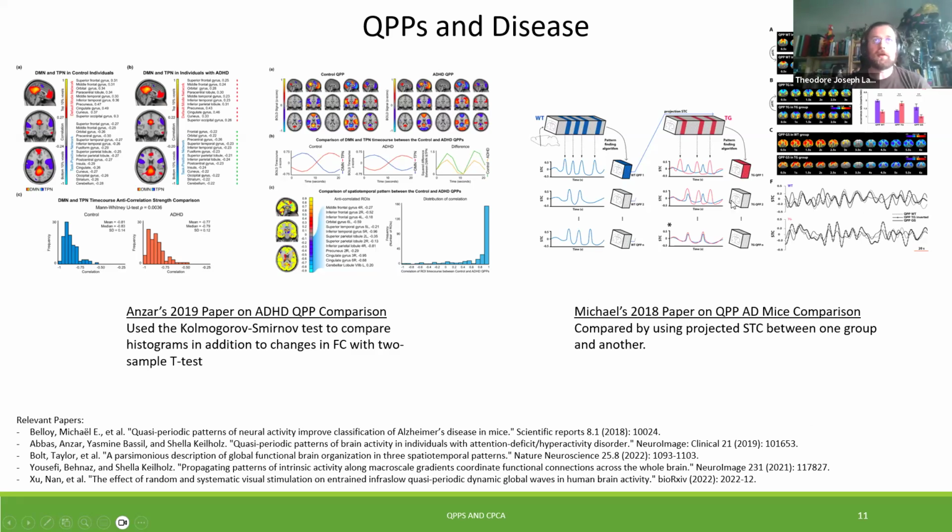Further, we have Michael Belloy in 2018 looking at diseased mice, specifically with Alzheimer's. And we're using the template from the healthy control and using that to see how they differed with the diseased rodents.